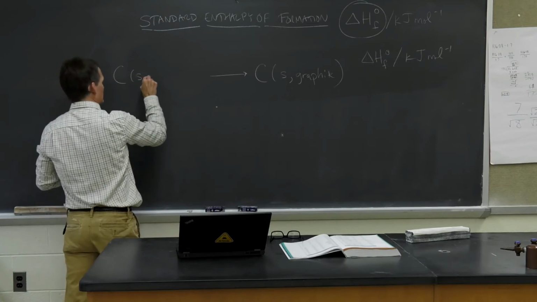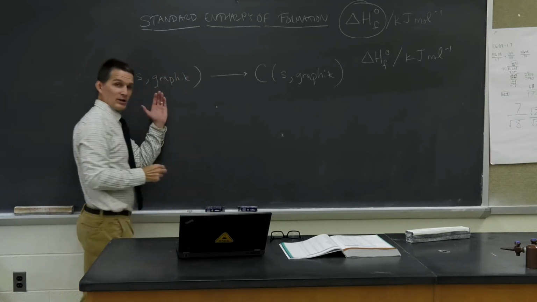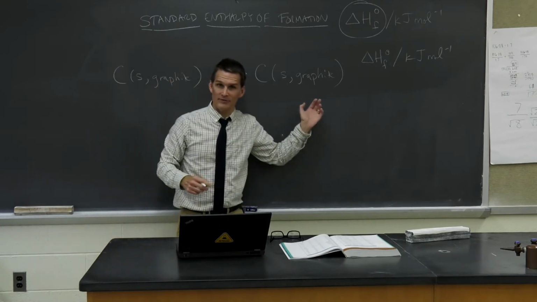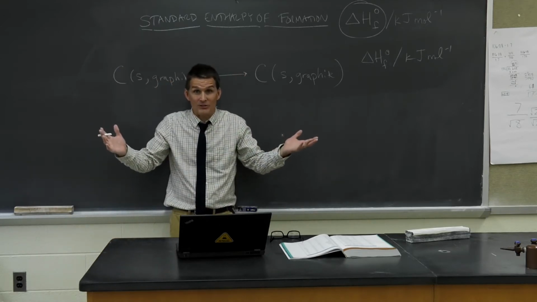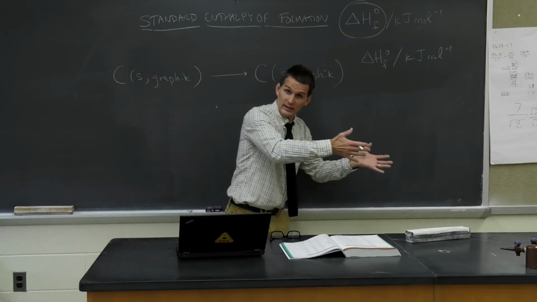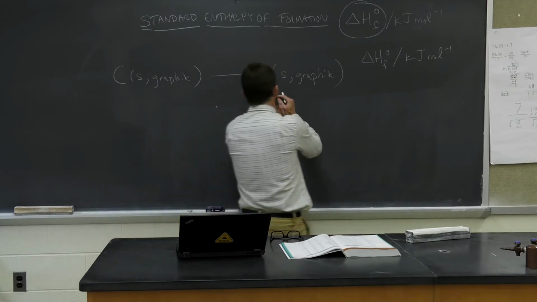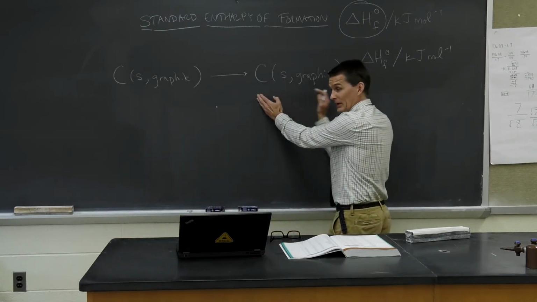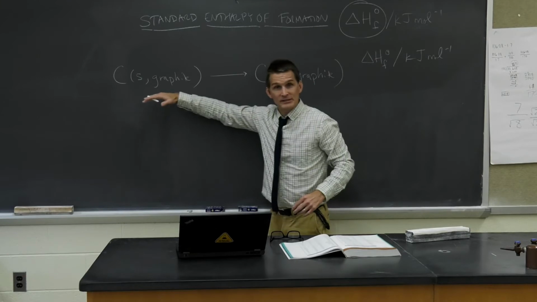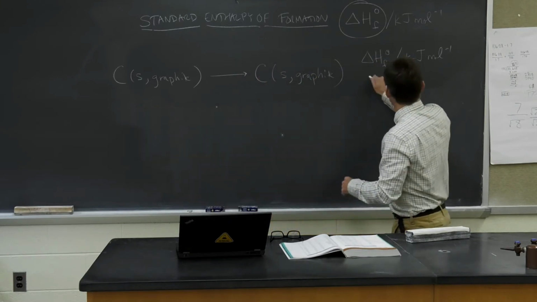So I'm going to start with solid carbon graphite, and I'm going to go to solid carbon graphite. In other words, there's no chemical change going on. The stuff you're starting with is the same stuff you're ending up with. So the standard enthalpy of formation for a substance that's already in its standard state is 0, no change.